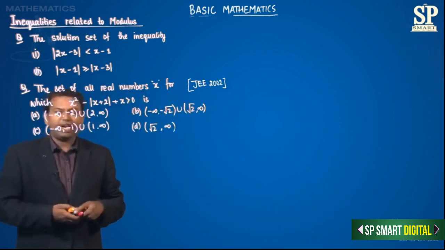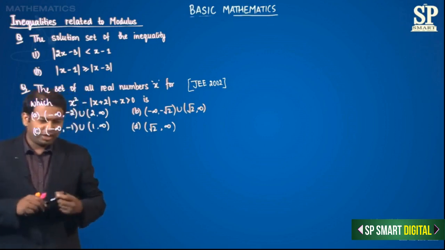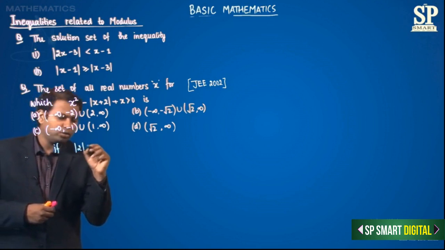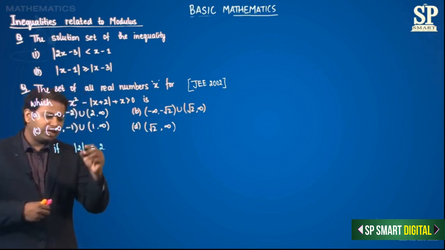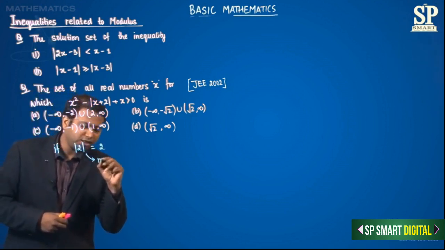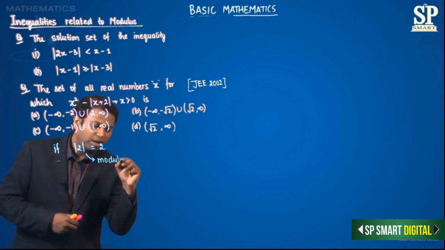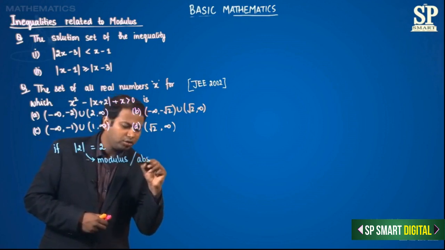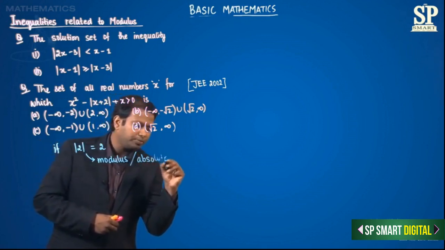The simple understanding of modulus starts with this: if I say modulus of 2 is simply 2, this is known as modulus, and this is also known as absolute value.